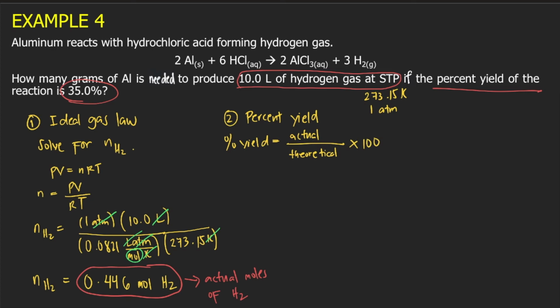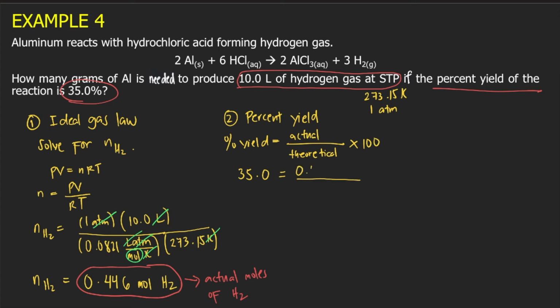So according to the problem, the percent yield is 35.0%. So you put there 35.0. This is equal to the actual yield, which we just solved in step 1.